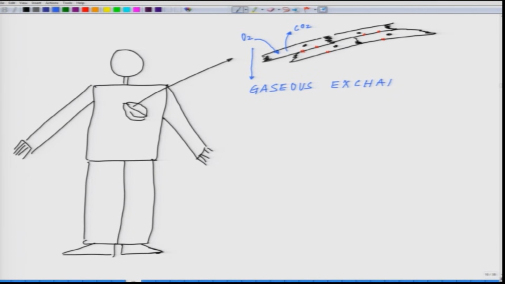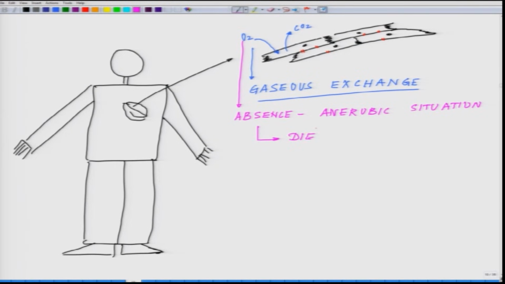Very, very first thing you needed, because in the absence of oxygen, which is an anaerobic situation, these cells will die.